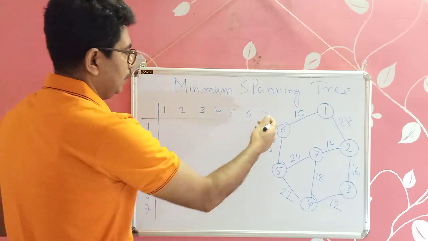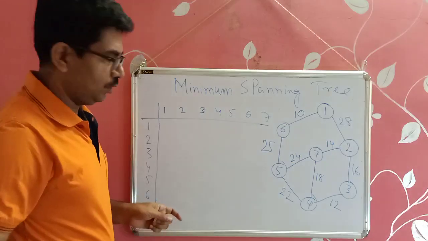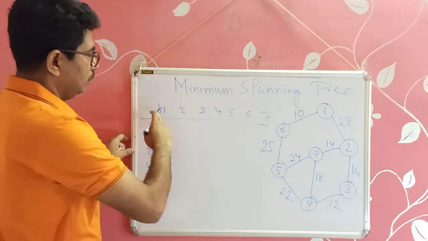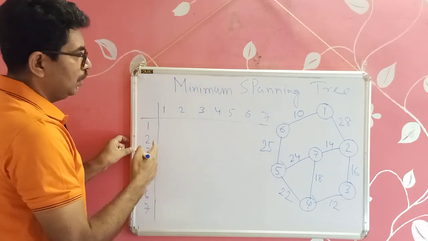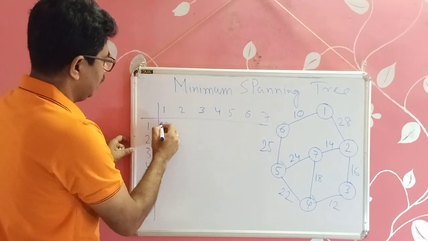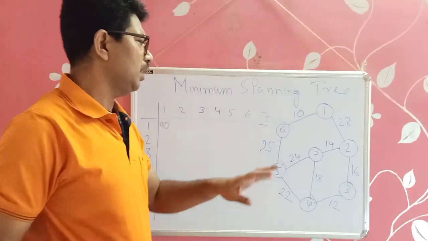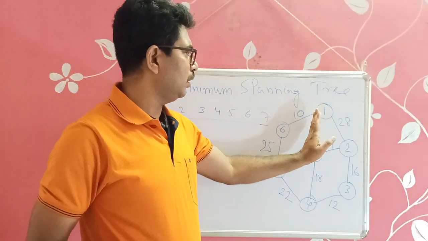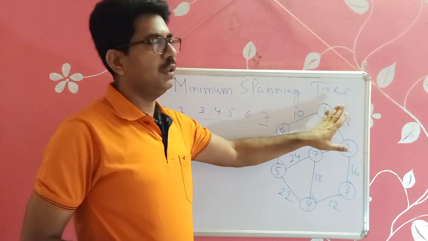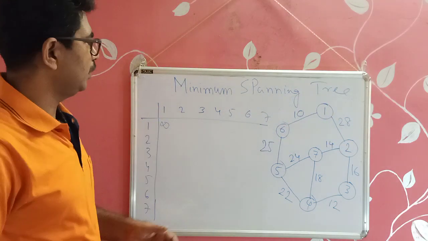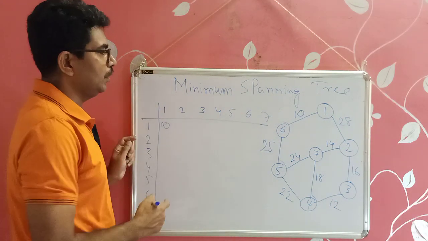Okay. So here we are having 7 nodes, so columns and rows. Then 1 1 we can put infinity, because we will never select that edge, since this is not a directed graph, and hence the value is infinity.